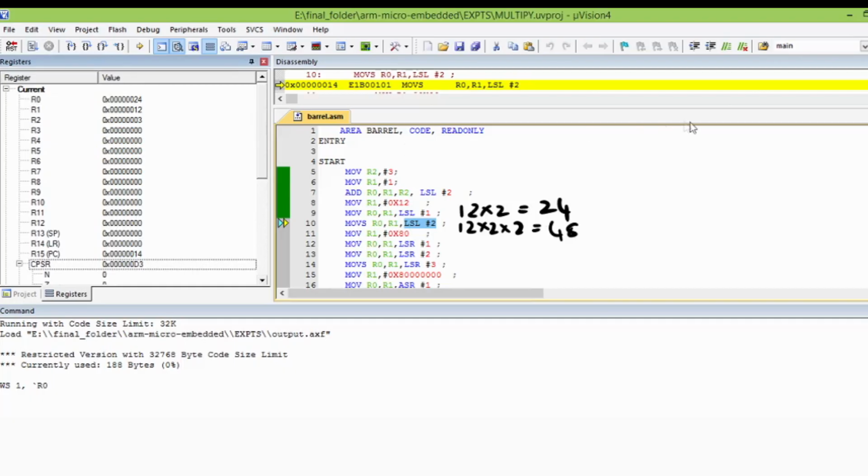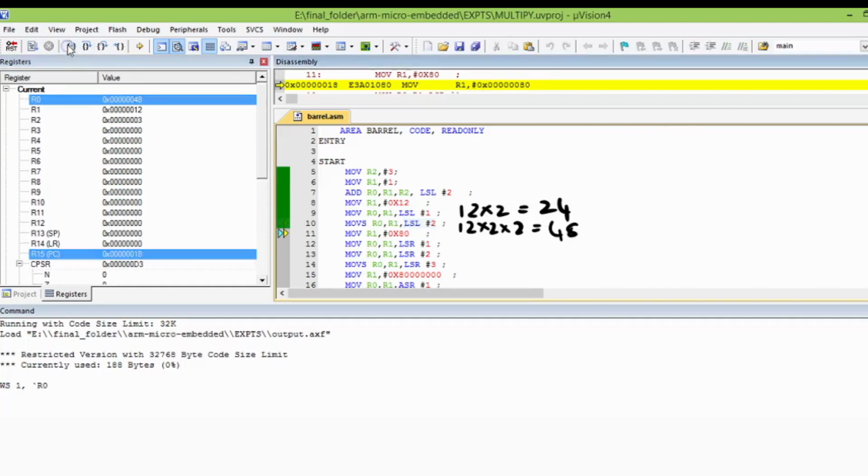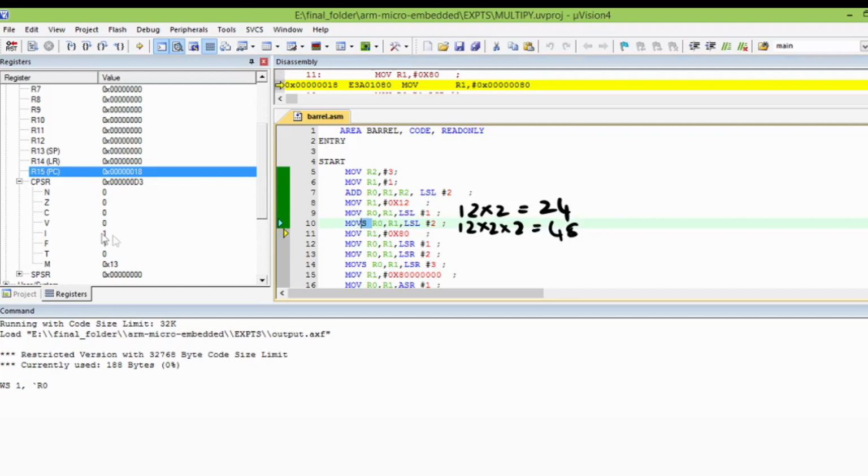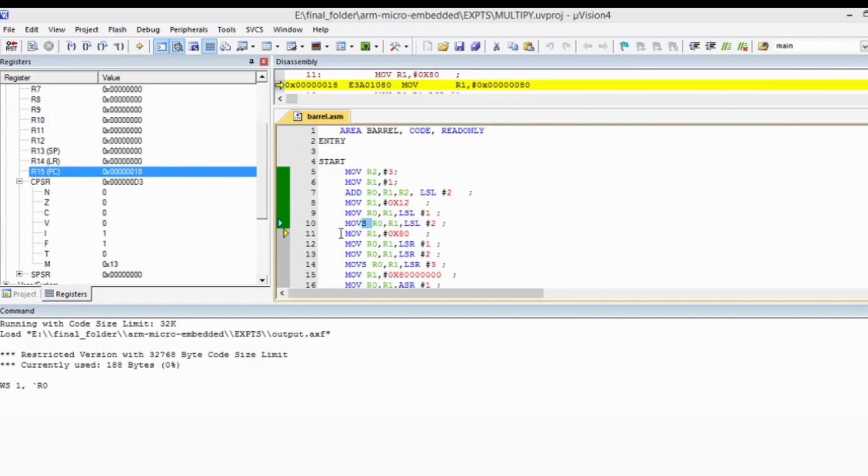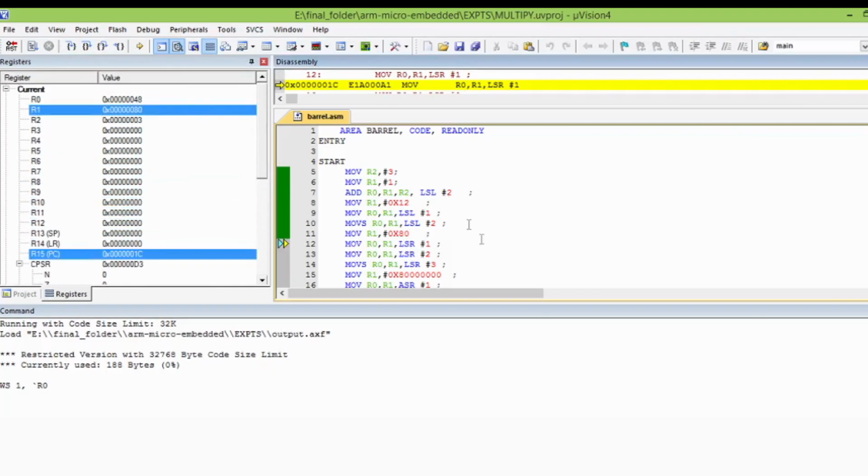Let's see what happens here. As soon as we execute the next step, 48, which is the expected value, is now stored in R0. Because of the usage of S, the conditional flags are updated based on this result. Next, we have taken a new value 80 into register R1, and what we want to perform is LSR.